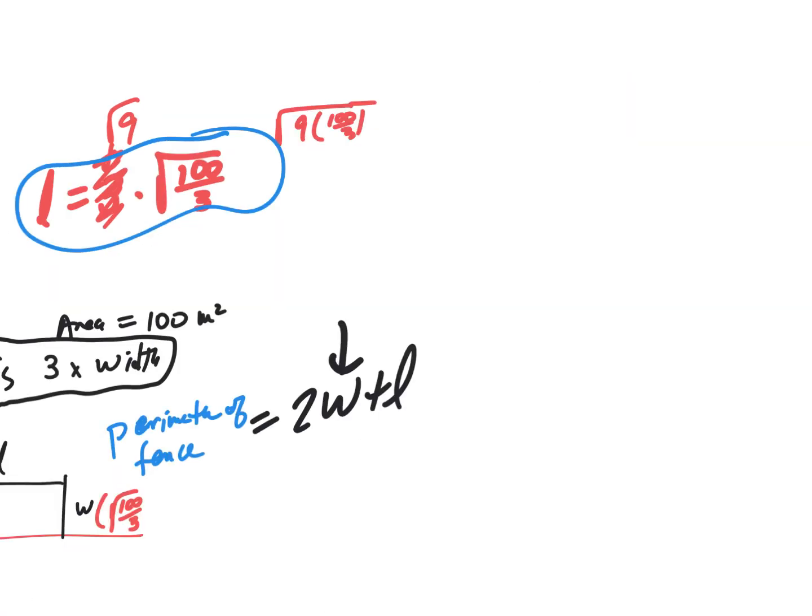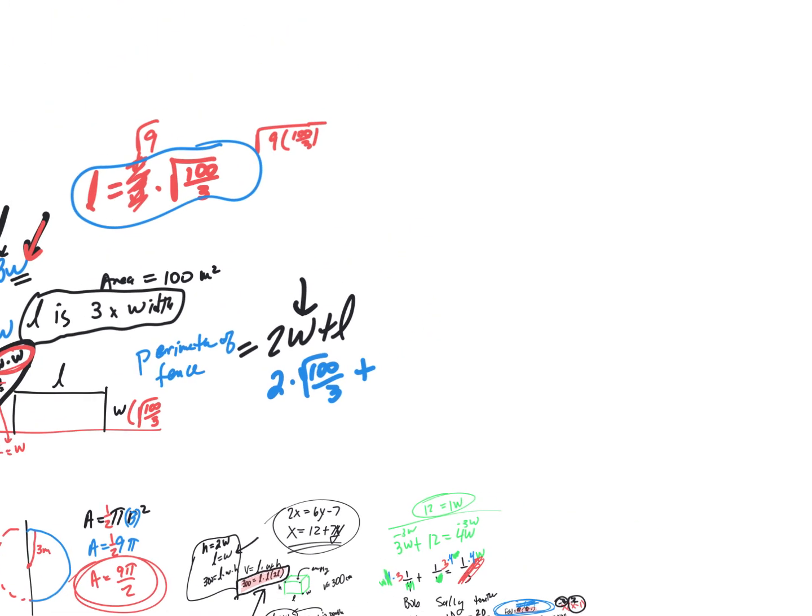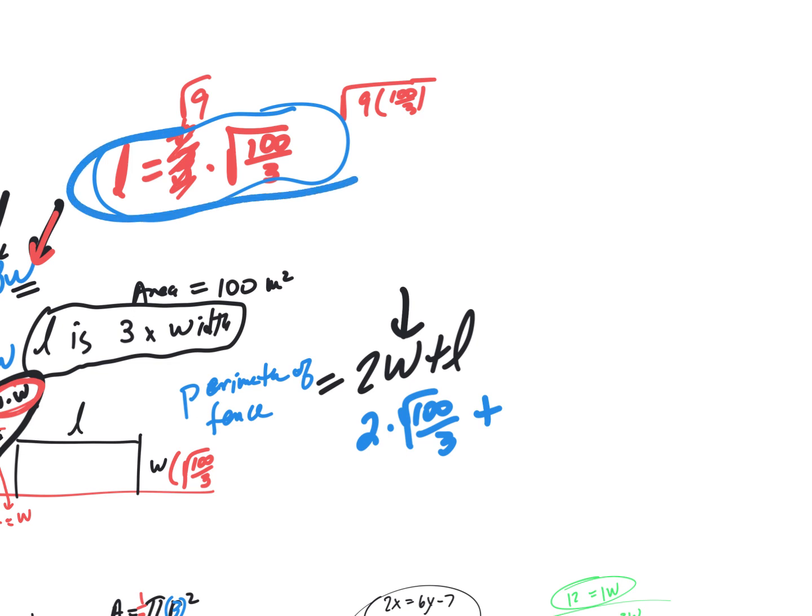Okay, then my final answer would have been my perimeter, which is 2 widths, 2 times this one, plus the length, which we knew back here, and that was 3 times the square root of 100 over 3, which does clean up nicely, Jack, you're right.